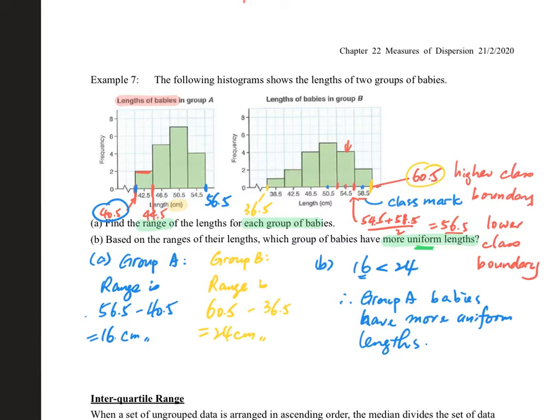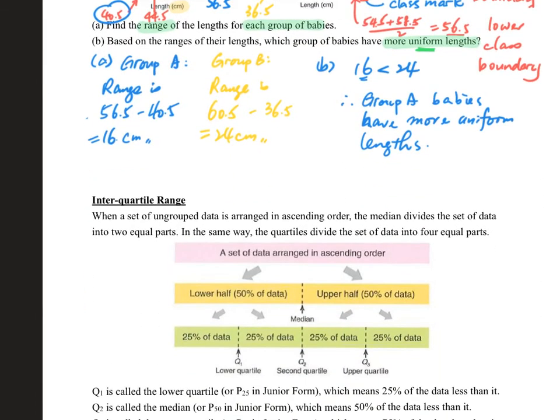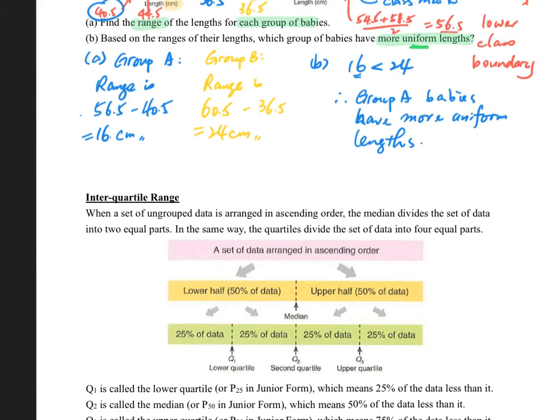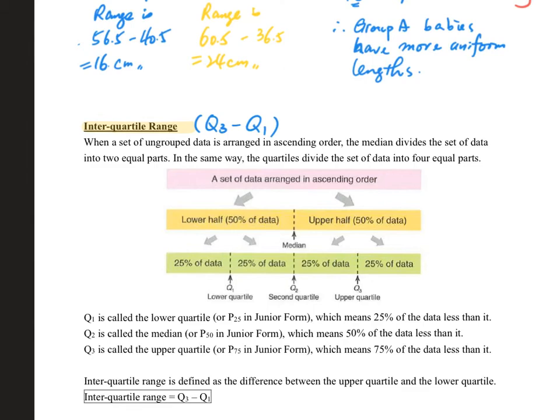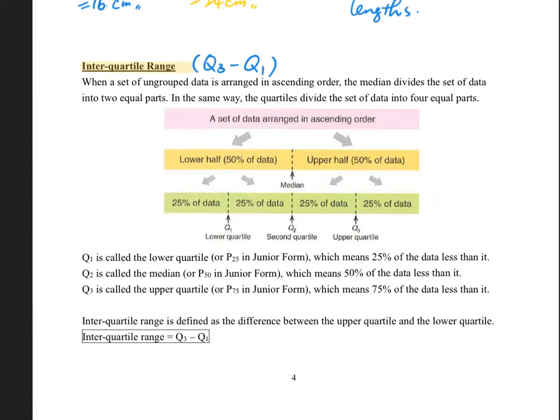After the easiest one, called range, now we come to a more difficult one called interquartile range. Here the formula first: it's Q3 minus Q1. The following table or figure shows you the principle of finding Q3 and Q1 in a set of data.